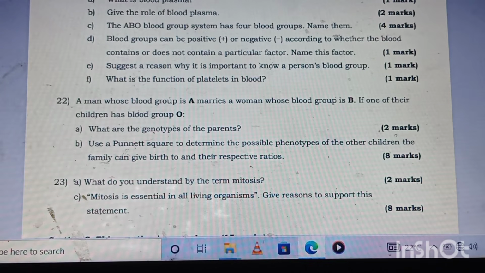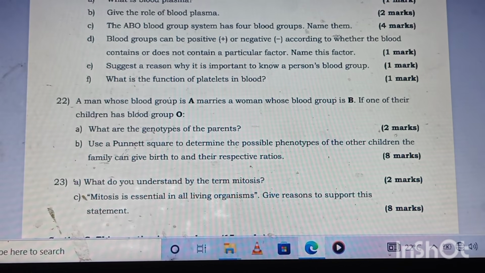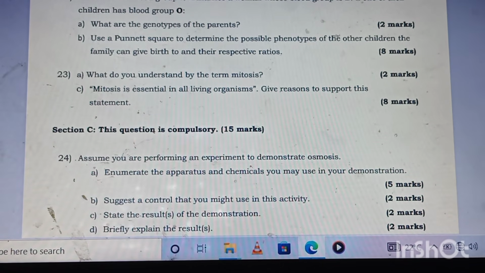Question 23. What do you understand by mitosis? That is the type of cell division where we produce two identical daughter cells. When you say two identical daughter cells, for here you have 2N and 2N.